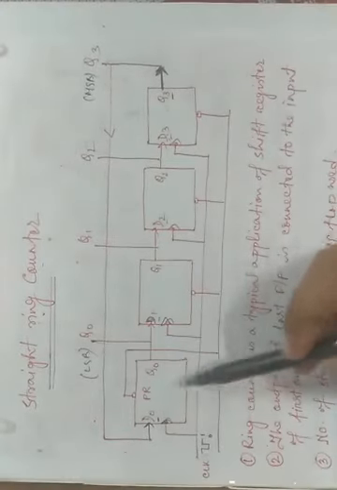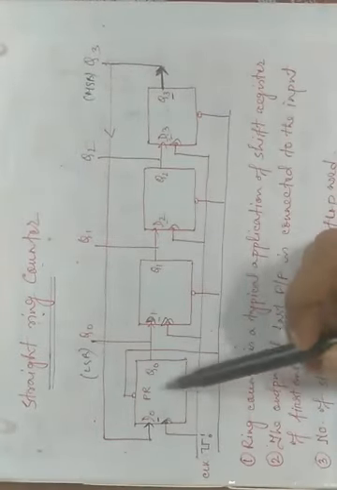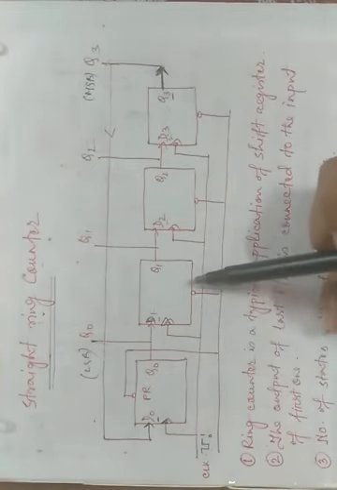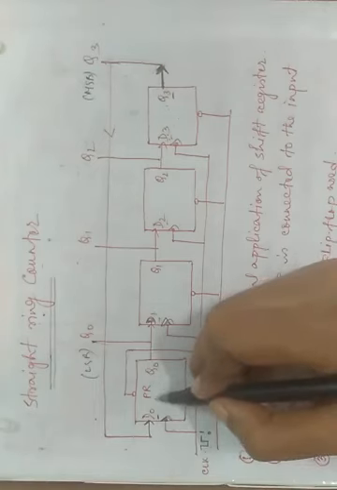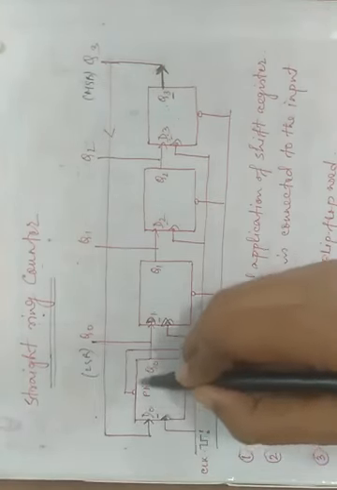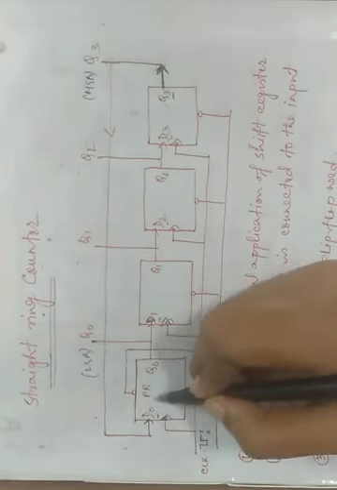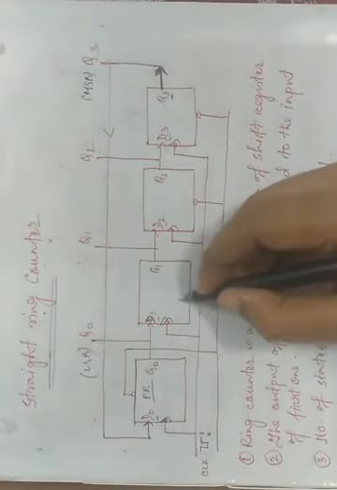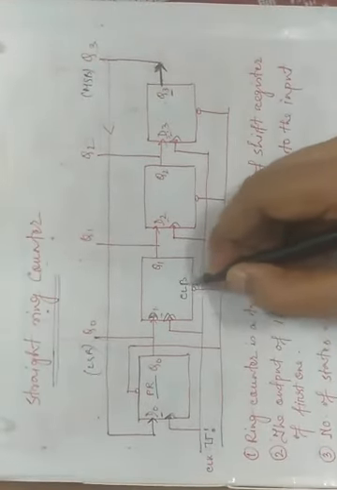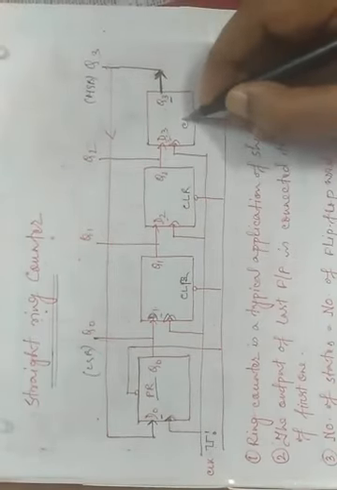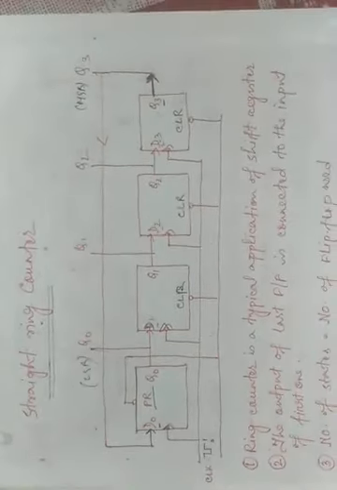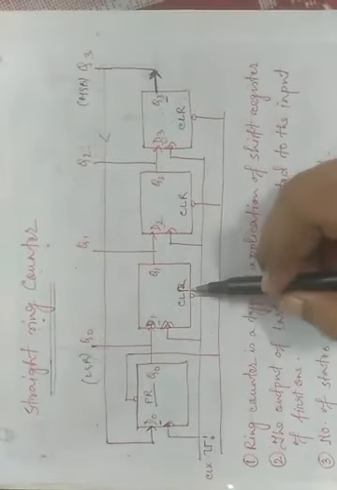Here again one extra input point is added in every flip-flop, that is the overriding input. In the first flip-flop it is connected as preset, and in the other flip-flops it is connected as clear input.